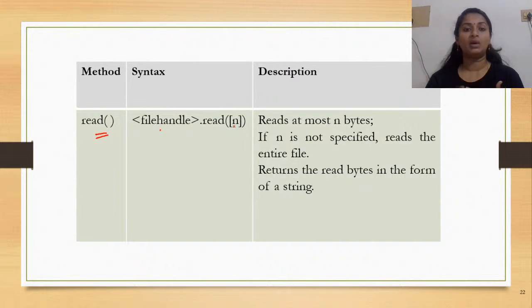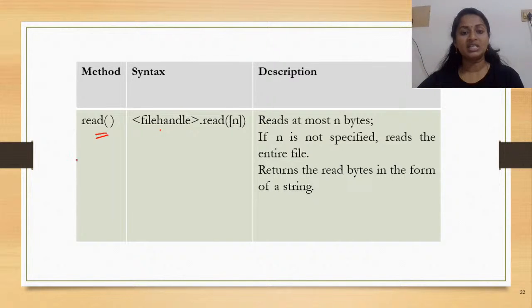Now, how did I teach you to understand or interpret the syntax? Whatever is given between the angle brackets, right? The angle brackets, it is a place where the programmer has to write something. And when something is enclosed between square brackets, now these are the things that are optional.